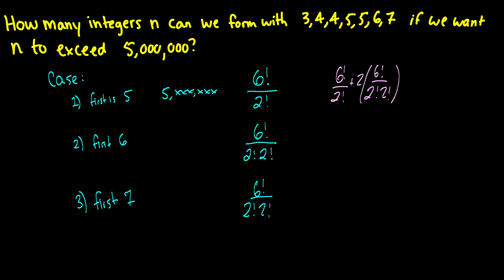Now what we can do here is we see that this will cancel to 6 factorial over 2 factorial plus 6 factorial over 2 factorial, which just becomes 2 times 6 factorial over 2 factorial, which of course we can shorten once again just to 6 factorial.